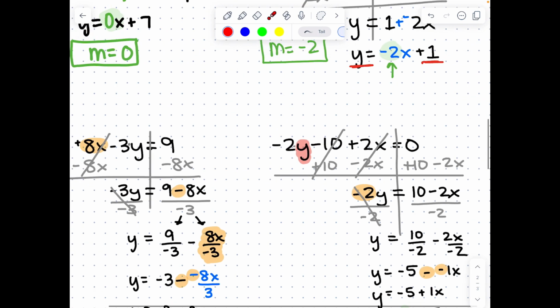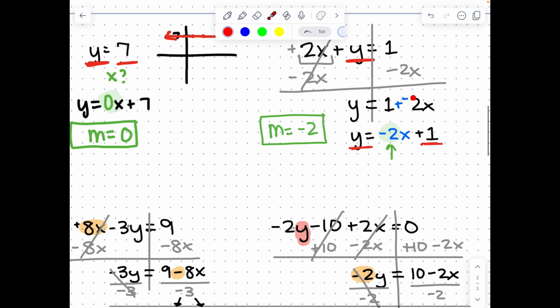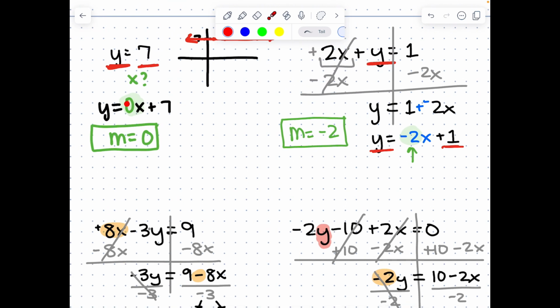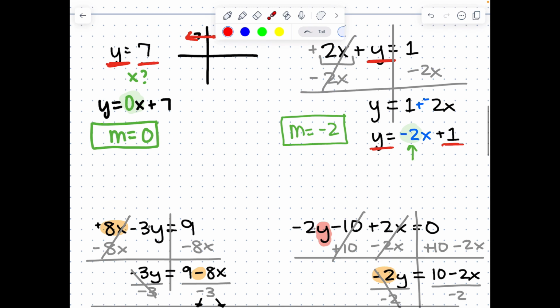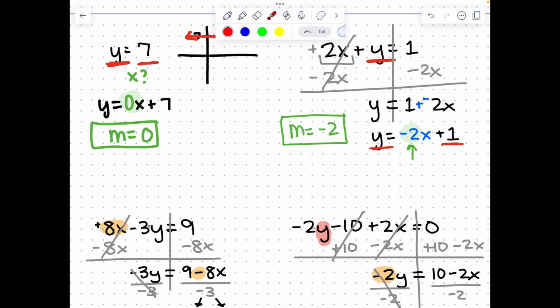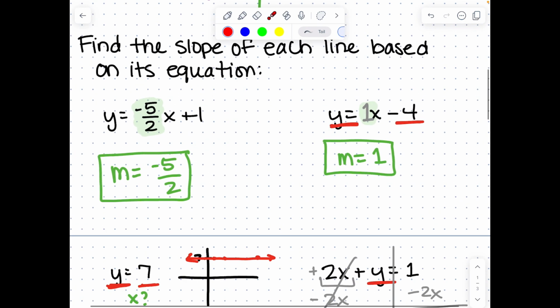We took an extra step, really. Here, we had the -2 already. Here, this is just one that you'll probably start to remember. If there's 0 x's there, then it's 0. But sometimes you can see what that coefficient's going to be before everything's completely perfect. Just be careful to make sure that your y is completely by itself before you start deciding what your slope is.